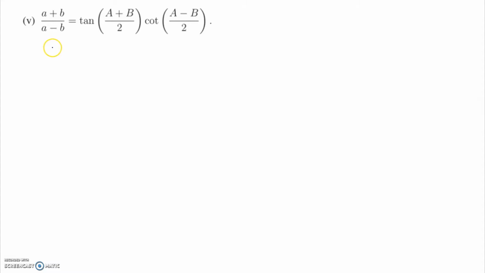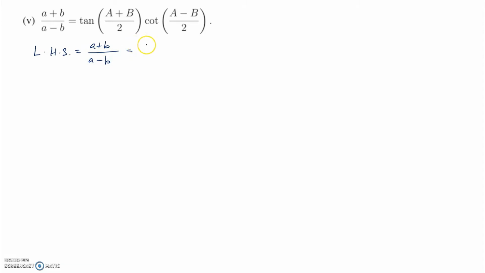Part 5 of question number 7. So in triangle ABC, prove that a plus b by a minus b is equal to tan a plus b by 2 into cot a minus b by 2. So let's take the left hand side, which is a plus b divided by a minus b.